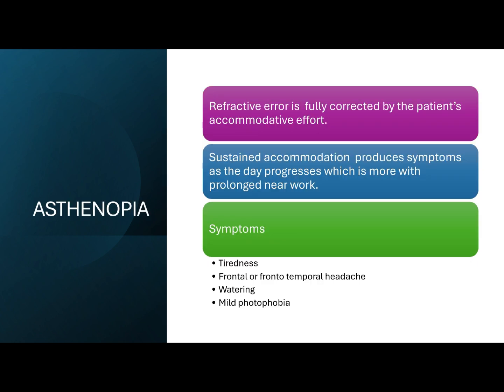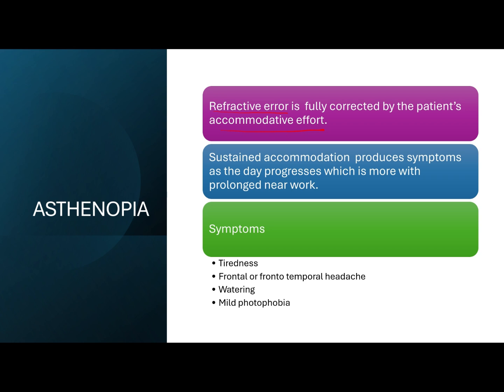At times, when the refractive error cannot be fully corrected by the accommodative effort, the patient will give symptoms of defective vision. But if they are constantly able to correct the refractive error because of the accommodative effort, defective vision will not be a symptom.